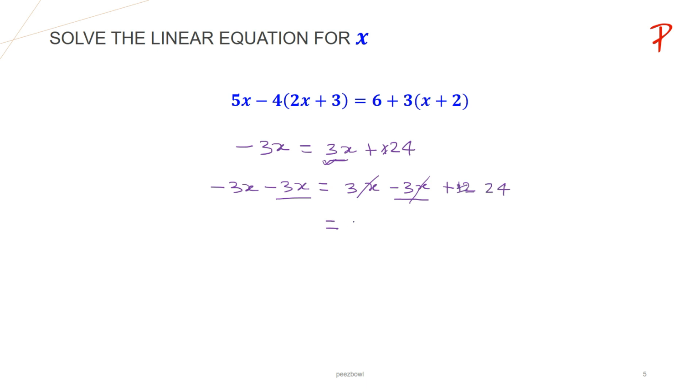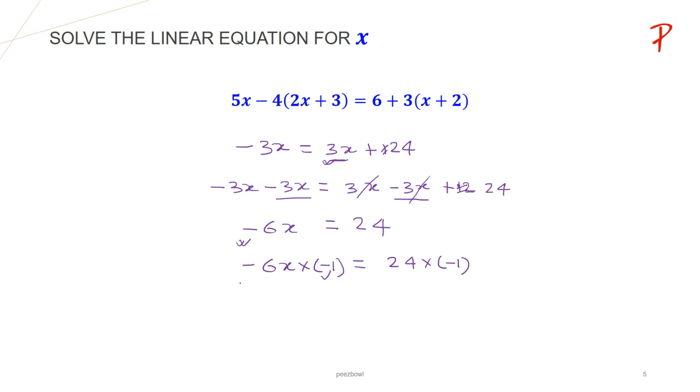So on the right hand side we have 24, and on the left hand side we have minus 3x minus 3x, that is minus 6x, right? Let us remove the minus sign from the left hand side. Minus 6x multiplied by minus 1. Here also 24 multiplied by minus 1.